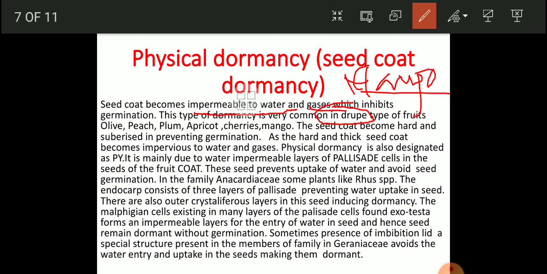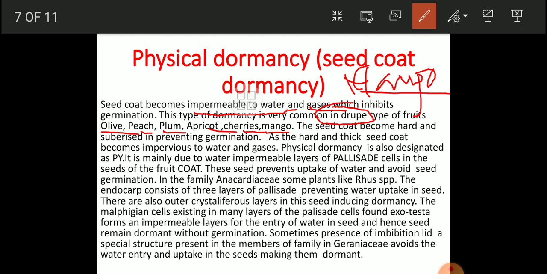Examples of drupe plants: olive, peach, plum, apricot, cherries, mango. In these we can find the seed coat, which is responsible for keeping the seed in a dormant condition. Whenever such a factor is there, that type of dormancy is known as physical dormancy, and such factors are known as physical factors.